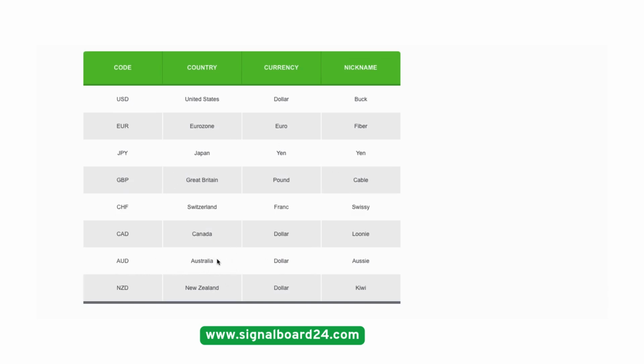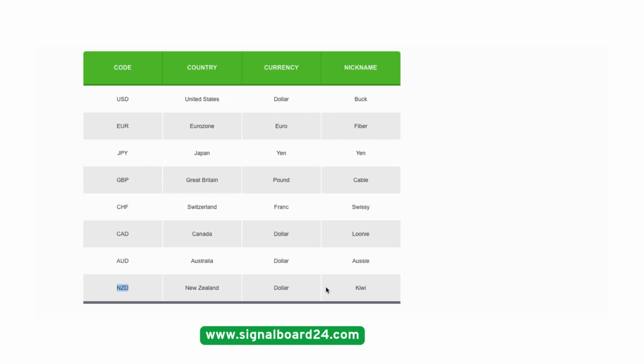You have the Australian dollar, which is called AUD. If you're trading AUD USD, it is the Australian dollar versus the USD. The Australian dollar also has the nickname Aussie.